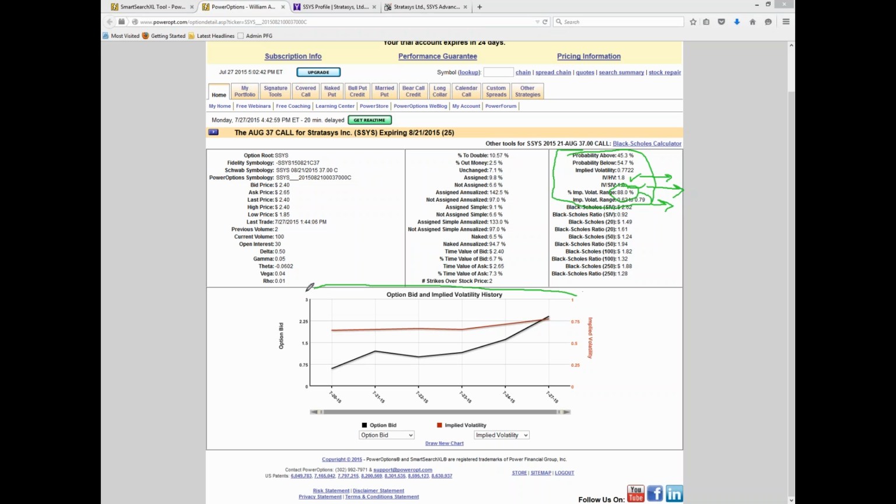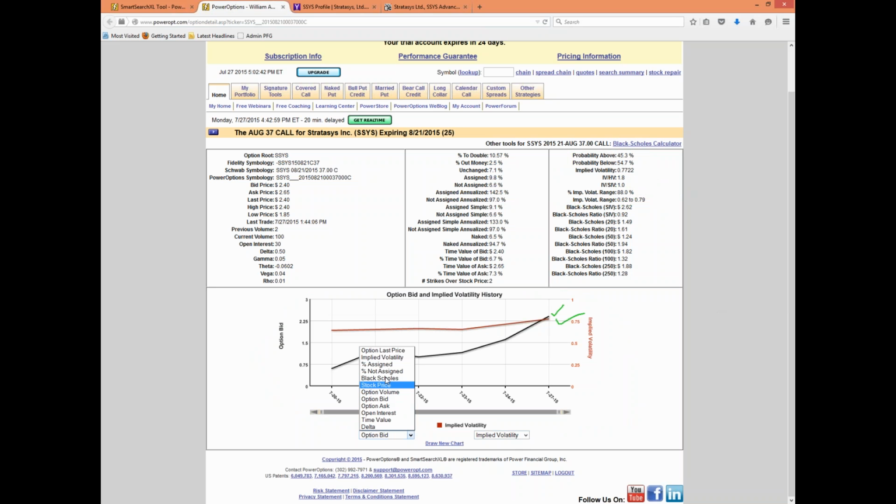A very popular feature that many of you may not know is there is that we show the entire history of this option since it was released on the market. Right now we're just comparing the current option bid to the implied volatility. There are a lot more features that you can view for more detailed analysis into the option. I could change that to the option bid versus the return if assigned for a covered call.